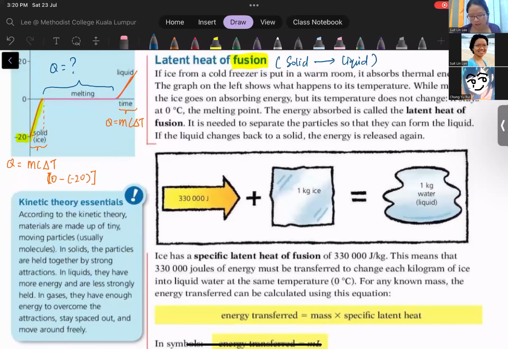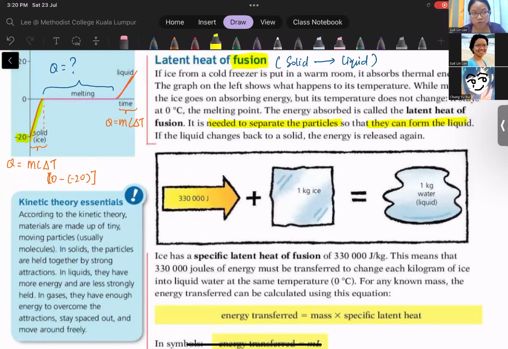This one requires a lot of energy. It's not like 4,200. You look at this, 330,000, a lot more zeros. Why? Because this is the energy needed to separate the particles so that they can form the liquid. It's like I need to stretch out all the particles so that they are now in liquid form. It's a lot of energy, man. So it's called latent heat of fusion.